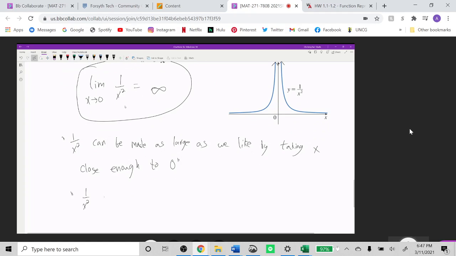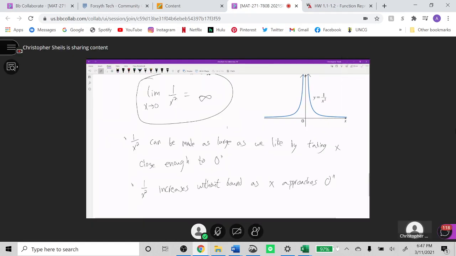Yeah, so this is just describing the way in which a limit does not exist. This limit technically does not exist, right? Because the idea of a limit is, as my x values get really, really close to something, then I can make my y values get really, really close to a certain number, right?